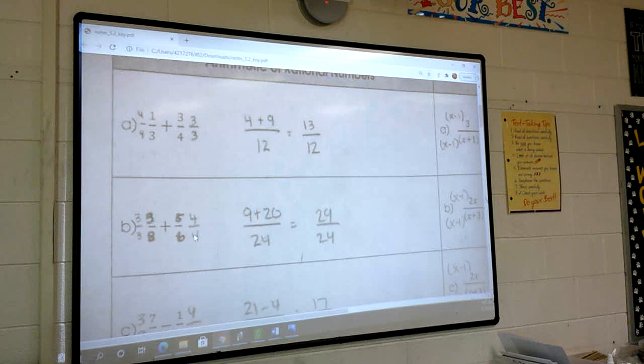And again, why are we multiplying them by that number? Because we're trying to get them to the least common denominator. So we're giving each fraction what they don't have. Okay, so 3 times 3 on the top gives you 9, and 5 times 4 on the top gives me 20, and 9 plus 20 is 29. So we get 29 over 24. 29 over 24, that's B.